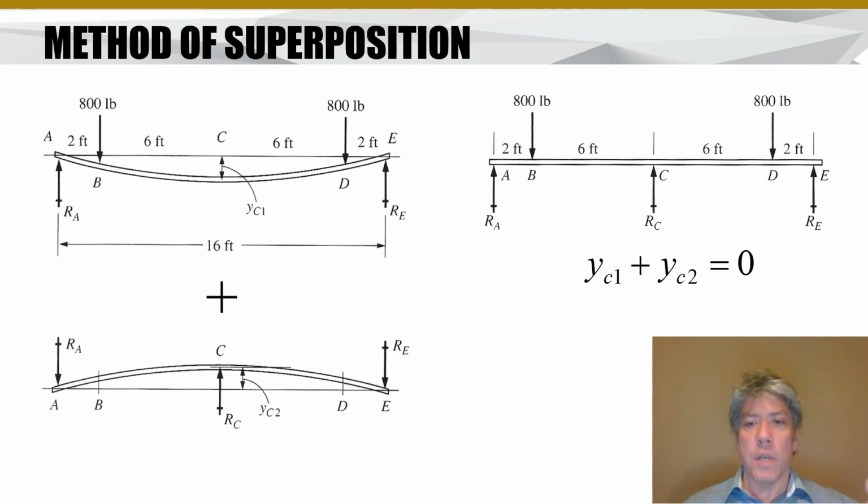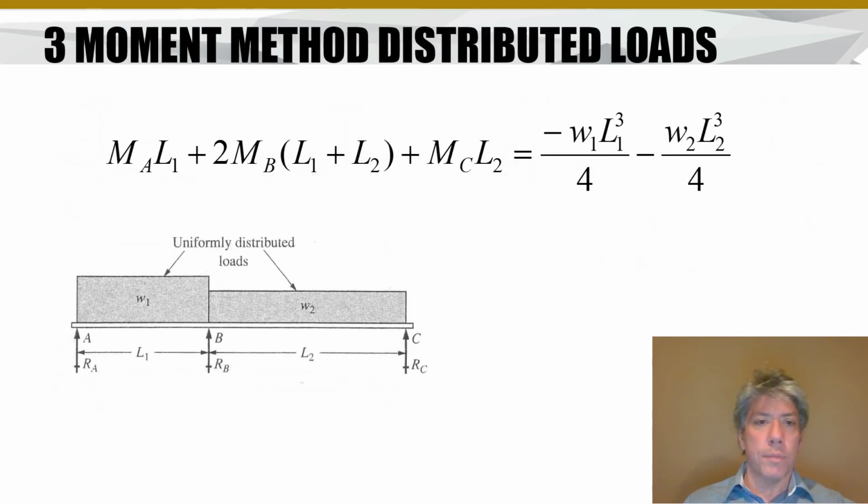So see YC1 and YC2, the deflection due to the 2 800-pound loads, and the deflection that would be if the center load was by itself, those two sum to 0 because one's down and the other one's up, and they just need to cancel out to represent the actual beam, which is where the center point does not deflect at all. So this is superposition, and it uses statically determinate solutions.